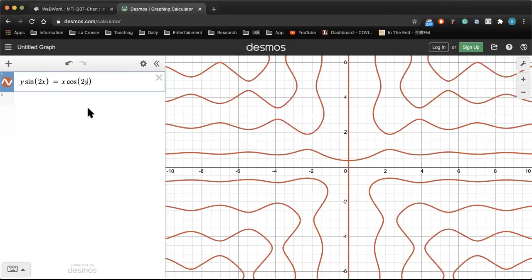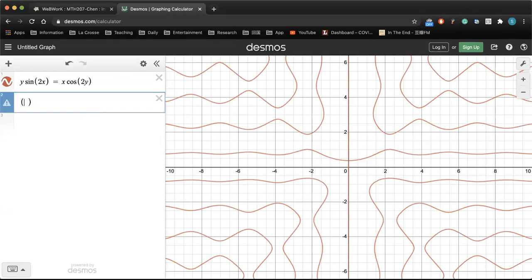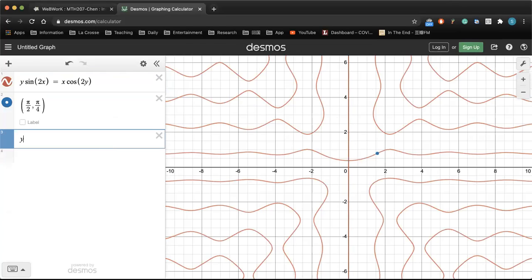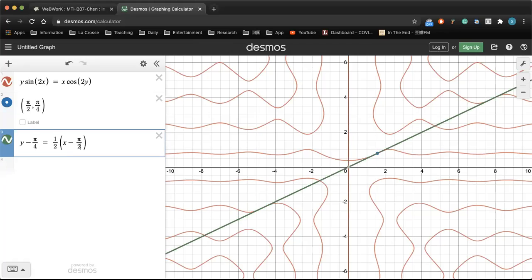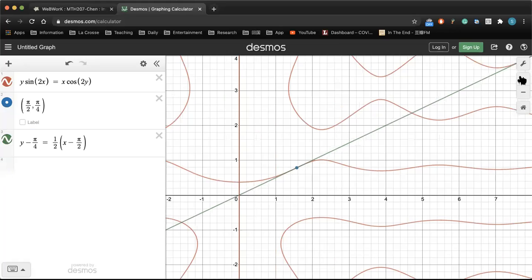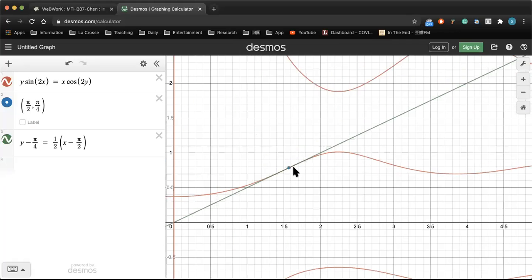We don't even know how to draw it, but somehow we were able to find the derivative at pi over 2, pi over 4, which is here. And if we type in the tangent line, it seems like we did a pretty decent job. And that is the changing rate.